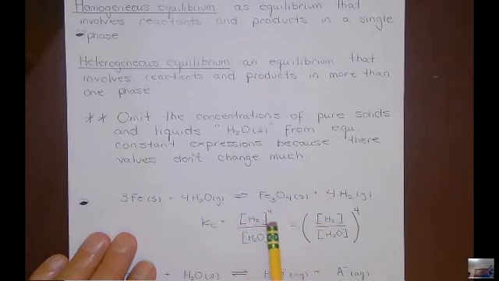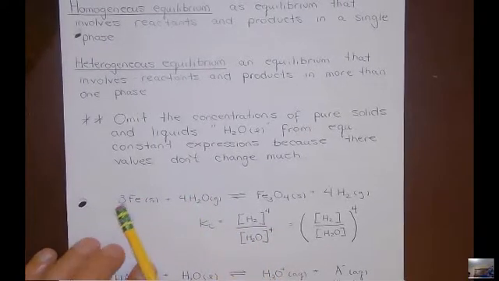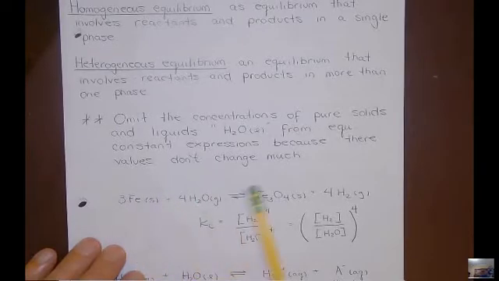Divided by any gas phase reactants. Well, water vapor, right? Gaseous water is the only reactant that is a gas, and its exponent is going to be the 4th power because its coefficient is 4. So I leave out the iron and I leave out the iron oxide because they're solids.